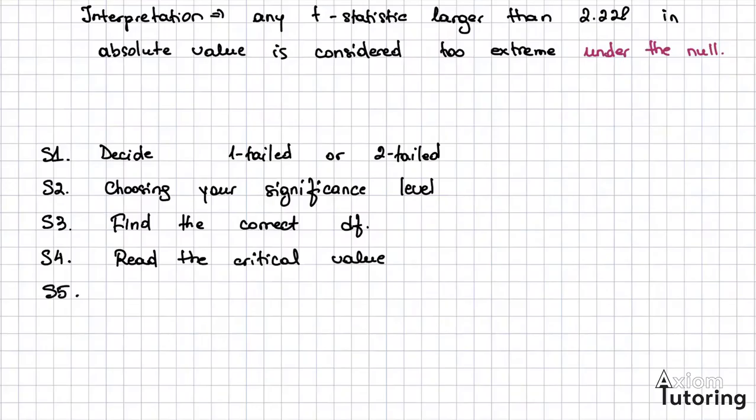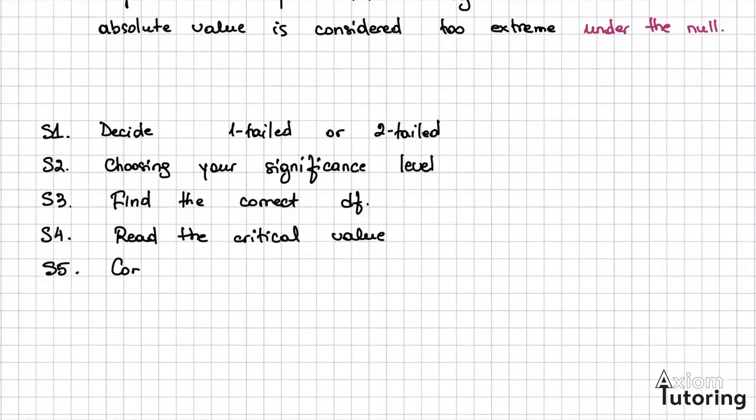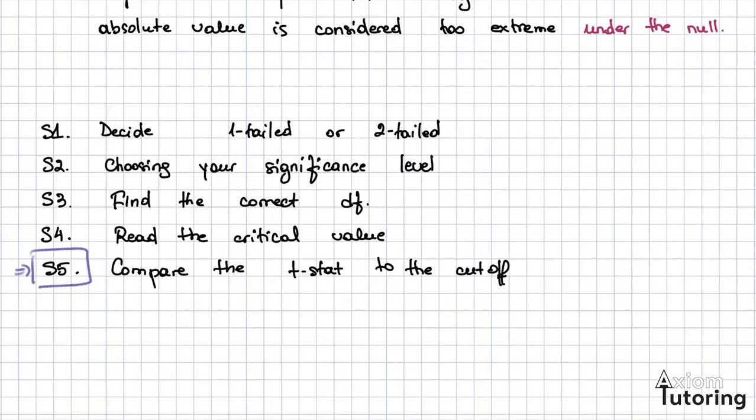And ultimately, step 5 is to compare the t-statistic to the cutoff. Now, this final step might not be too clear right now because it's usually the last step that you have in hypothesis testing. And after that, there is a decision rule. But for now, these are the steps that you usually need to follow.